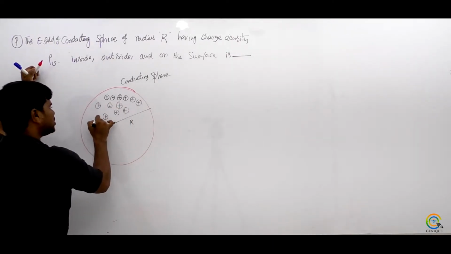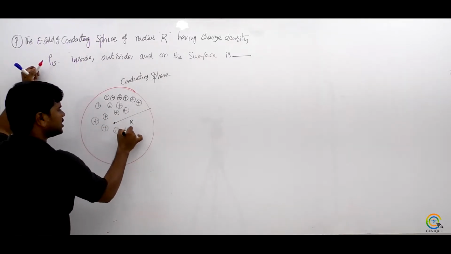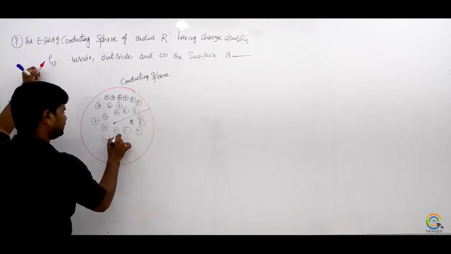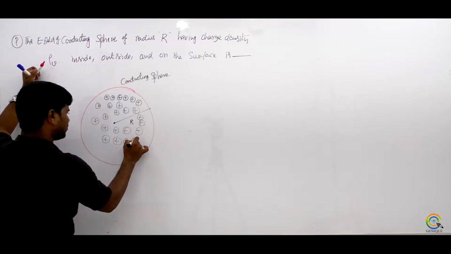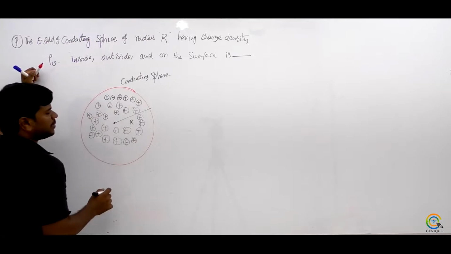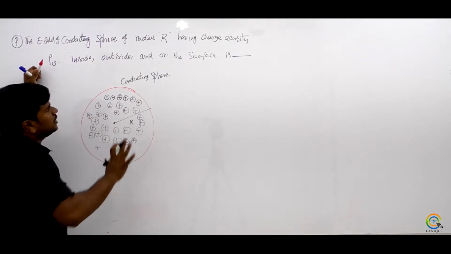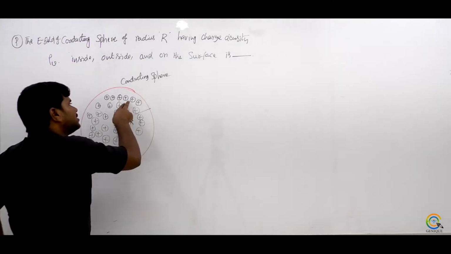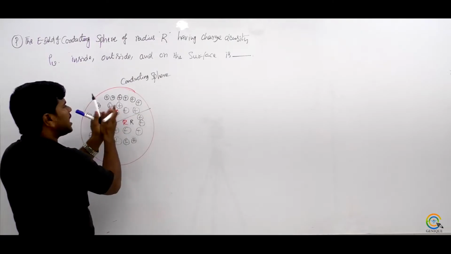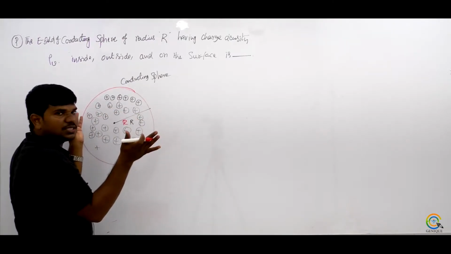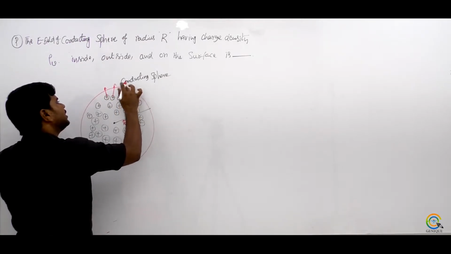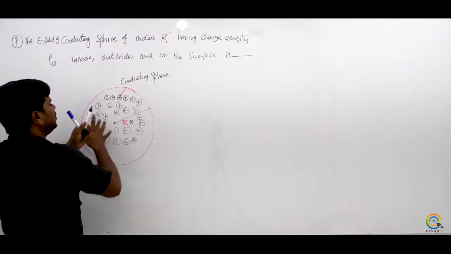Before that there was a charge density rho v. If there is conduction, all the charge carriers will repel and try to come out of the surface.